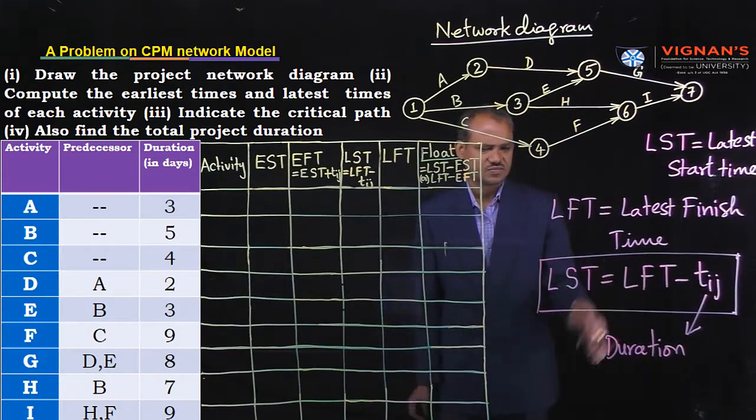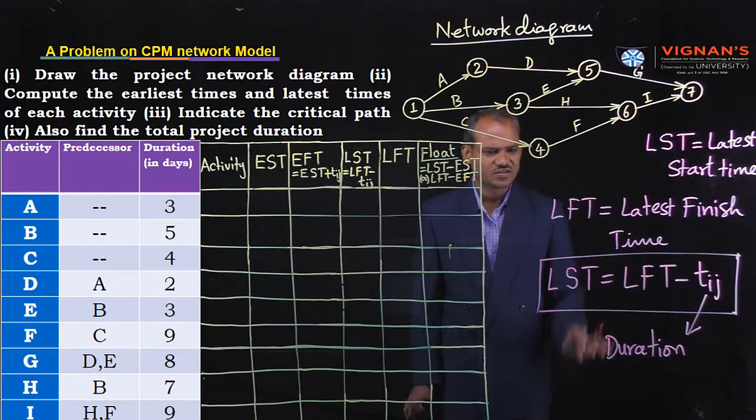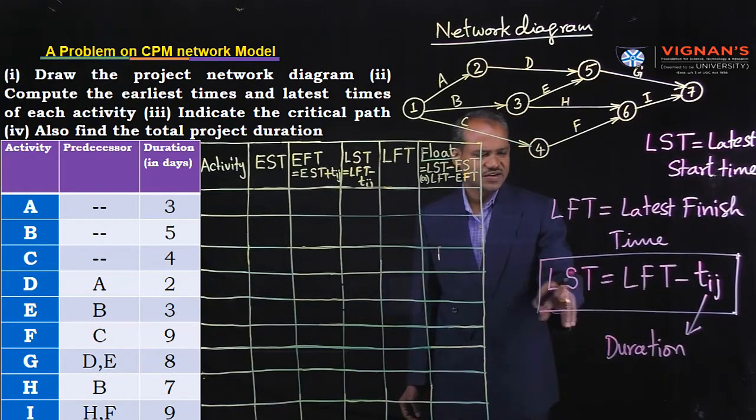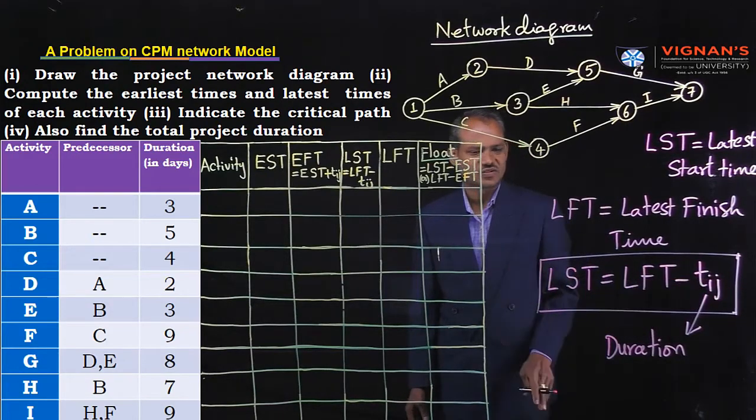In both ways we can call it duration or time. LST, latest start time, is equal to latest finish time minus activity duration. You have to remember this formula.